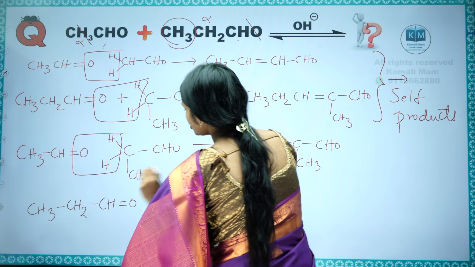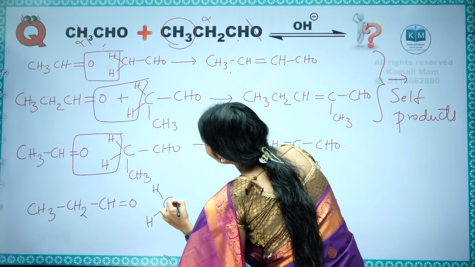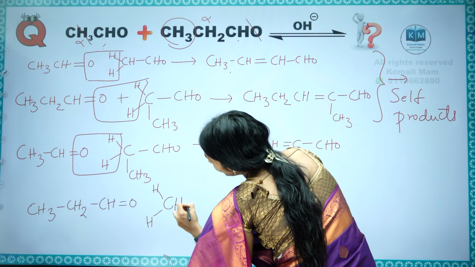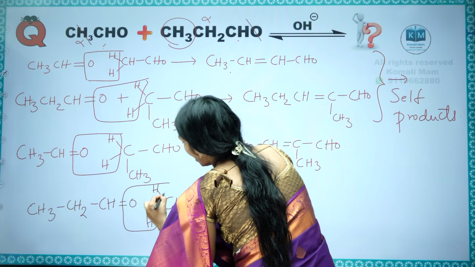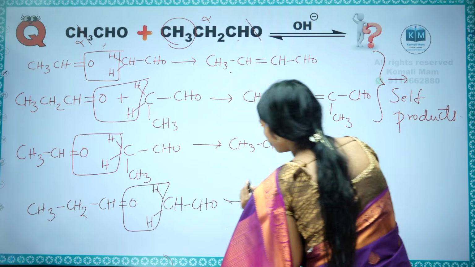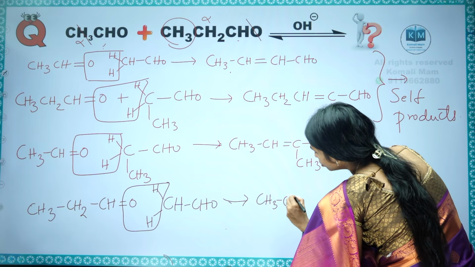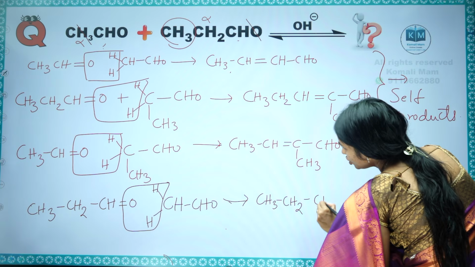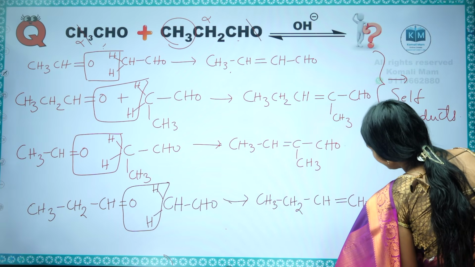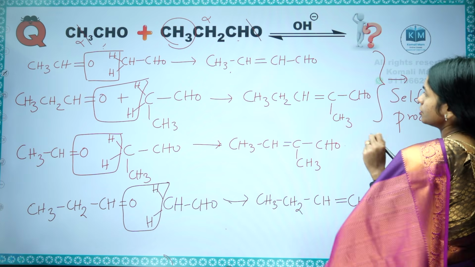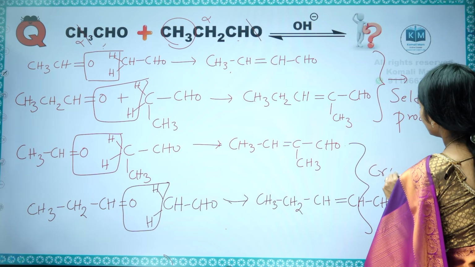From this oxygen I am going to remove. From the acetaldehyde, I am going to remove hydrogens. Now, oxygen, two hydrogens, right? Then what will you get? CH3, CH2, CH, double bond, CH, CHO. Very good. So these two are self products, these two are cross products.